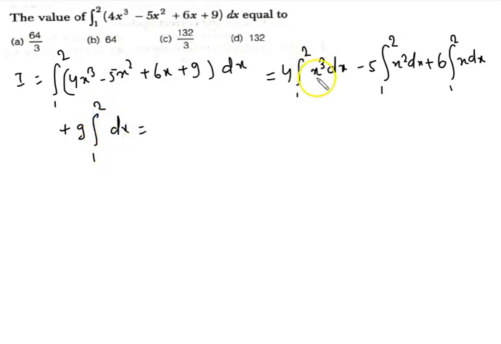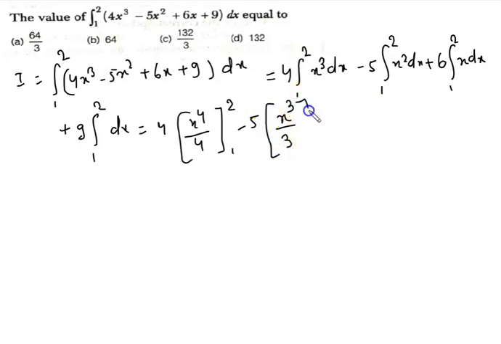Now we can find the integration of all the given terms. We know that the integration of x to the power 3 is x to the power 4 by 4, with the limit 1 to 2. Minus 5 times the integration of x square is x cube by 3, limit 1 to 2.